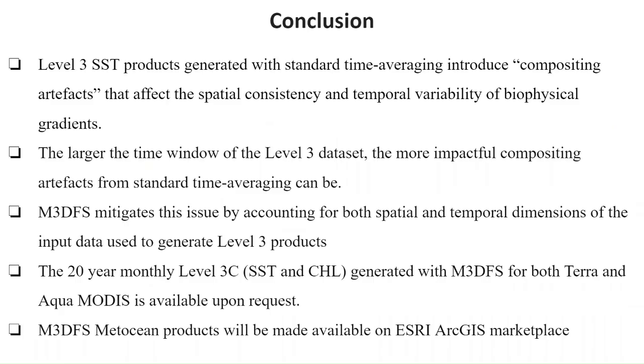So, in summary, from a user perspective, it's quite risky to use a time-averaged SST or chlorophyll concentration product to study ocean dynamics, because a substantial portion of the observed gradients is actually due to artifacts and not just ocean dynamics.